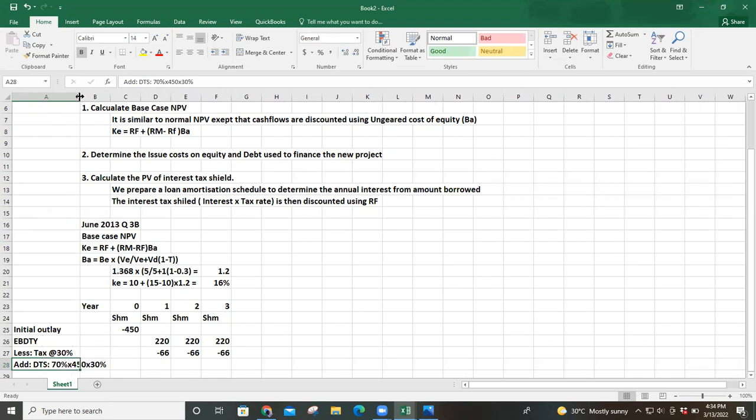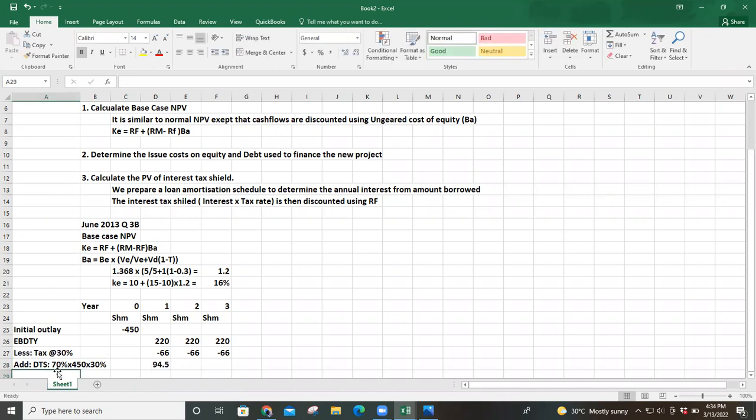So 70% of 450 times 0.3, that is 94.5 in the first year.